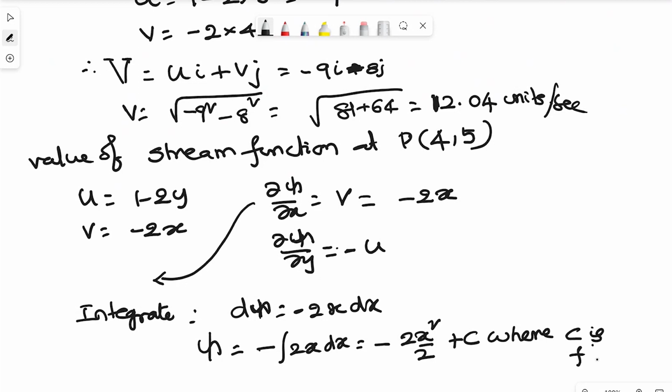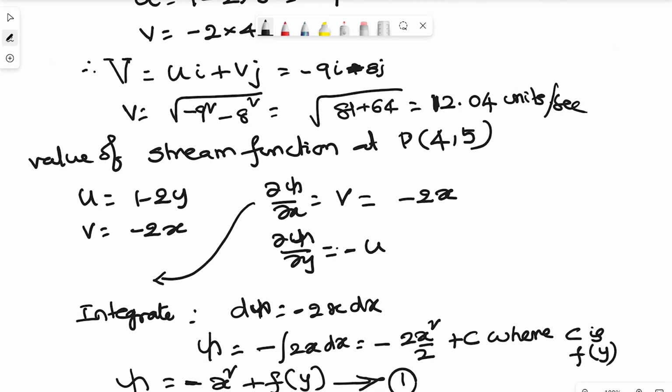Because we are integrating with respect to x, the constant has to be a function of y. So therefore psi is equal to minus x square plus function of y. Name this as 1. Half the problem is solved.